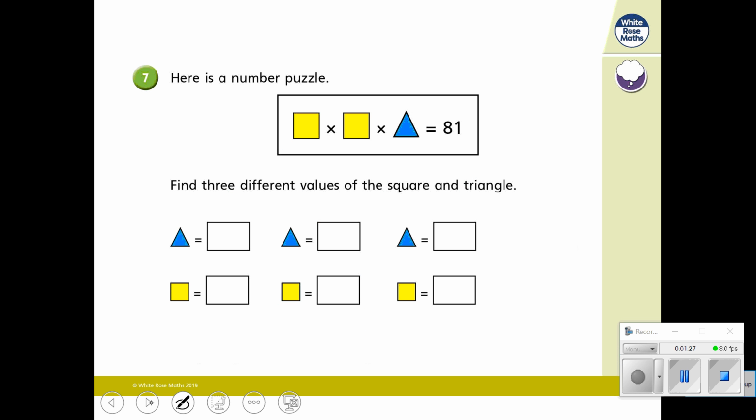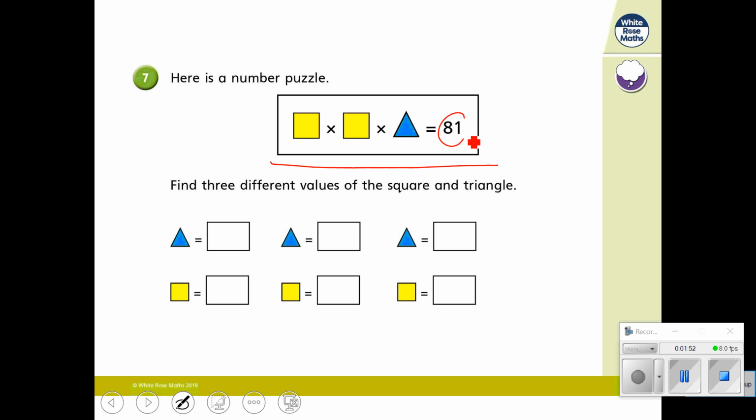Moving on. Here is one to get your brain working. We're going to go through this, what I would call systematically, and it draws on all your knowledge of multiplying by 0 and 1 and itself. Let me go through the way I would do it with you. So the very first thing I'm going to do is look at what I've got here.